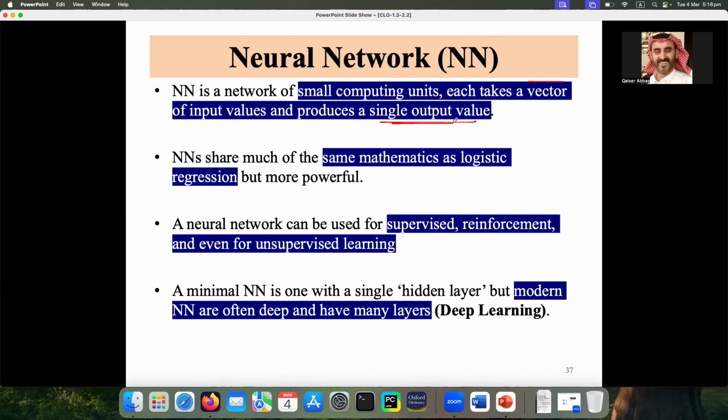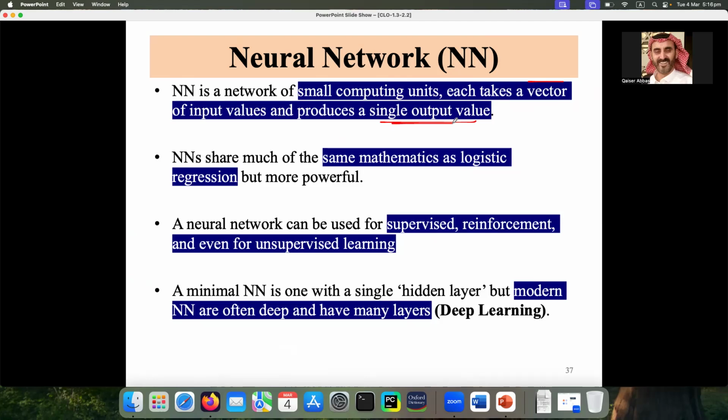Whatever you studied in logistic regression, the same concept is applicable in neural networks. That's why I was saying while studying logistic regression that it is part of the neural network.